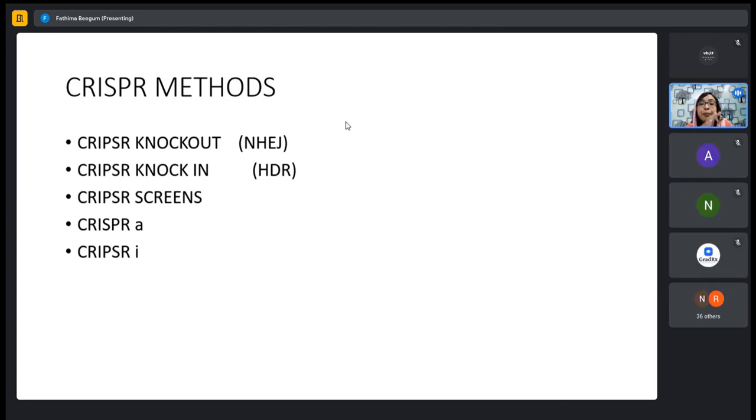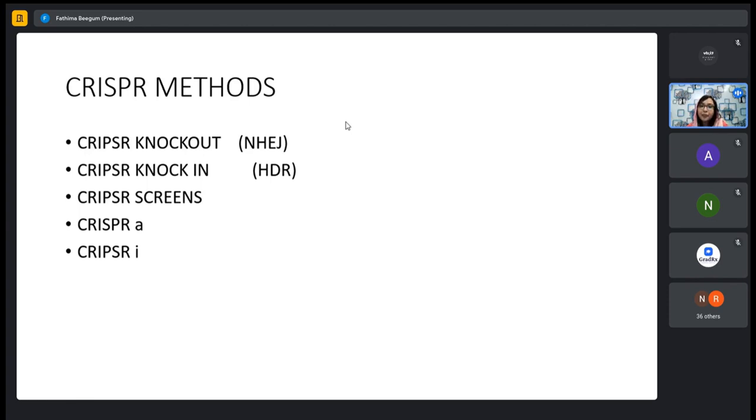So we can learn about the particular disease which occurs as a result of the dysfunction of that particular gene. Due to the dysfunction of that gene, what disease has arisen can be studied by using knockout. Then knock-in is there, where the insertion of a gene takes place.